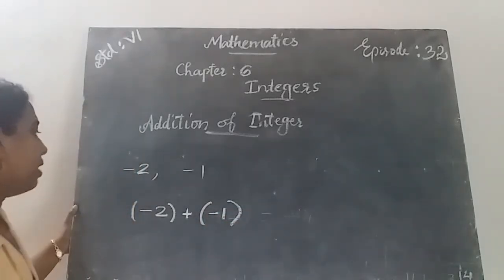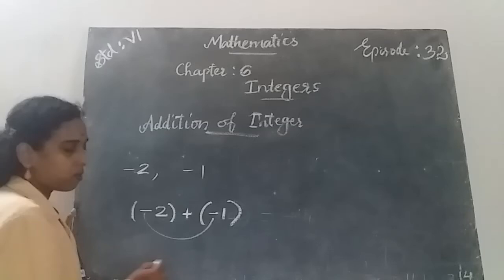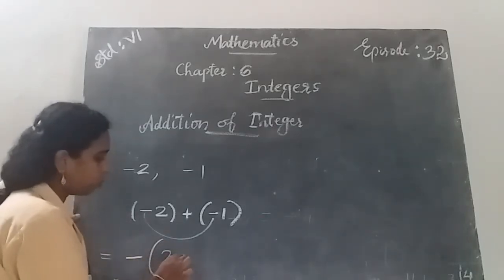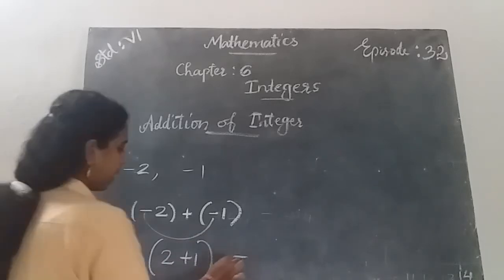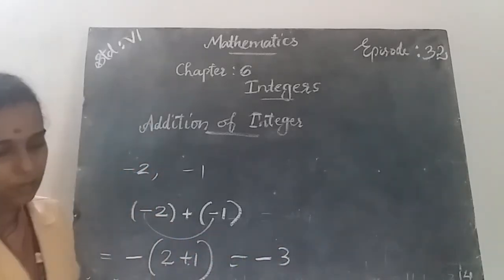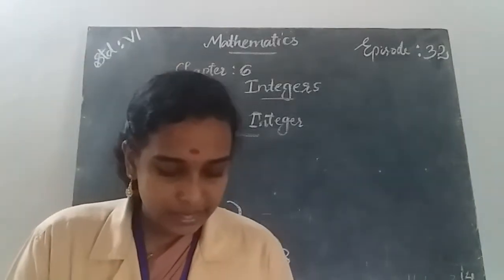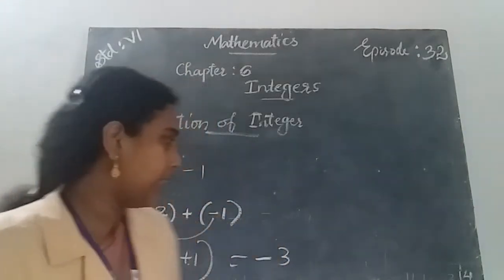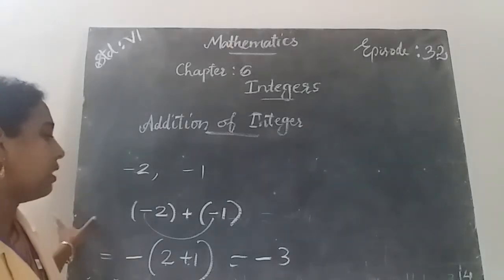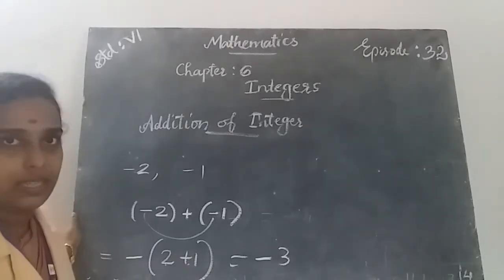Here the negative sign is common, so we take the negative common and write 2 plus 1, which is 3, so we get negative 3. If we add two negative integers, we get a negative integer.